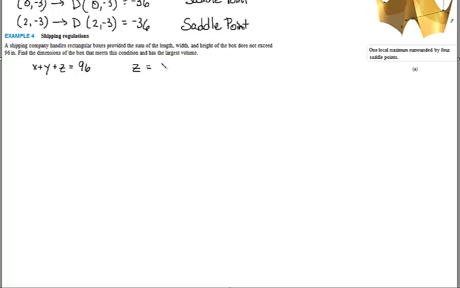So I'll just say that z equals 96 minus x minus y, and our volume equation then in terms of x and y would be x times y times this z, which is 96 minus x minus y. Next thing I'm going to need to do is get the partials of each of these so that I can find some critical points.